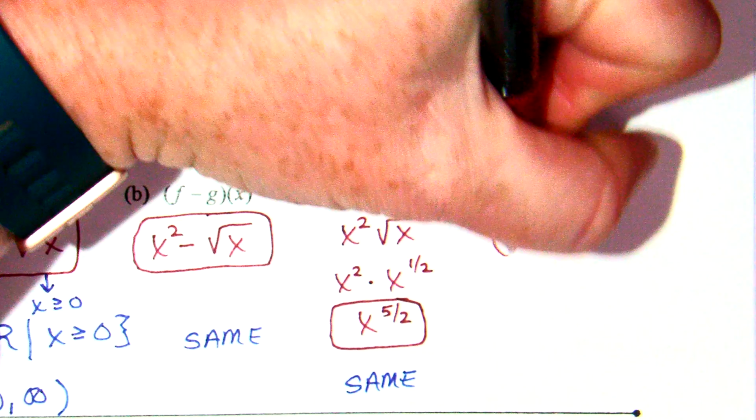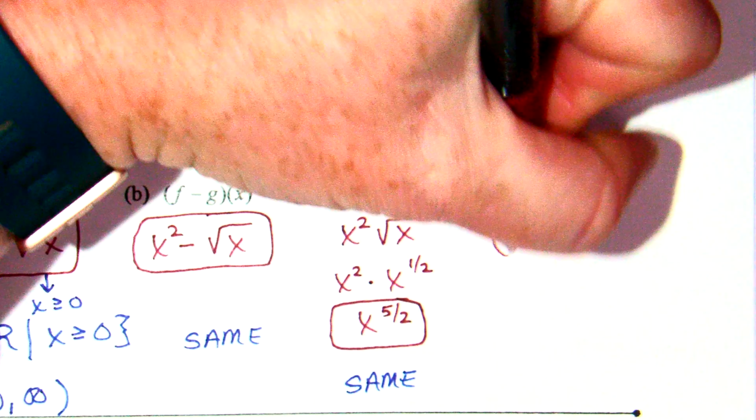Okay, D, f over g of x. X squared over square root of x. So x squared divided by square root of x. Clean up. We can't leave a radical in the denominator, so we can rationalize by multiplying by square root of x.